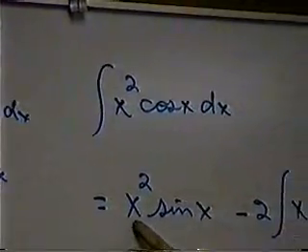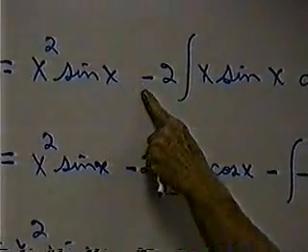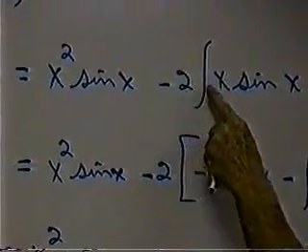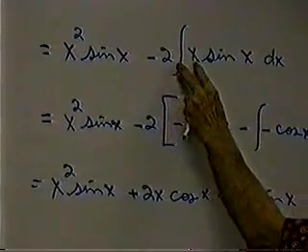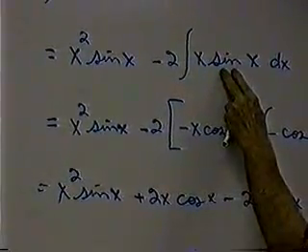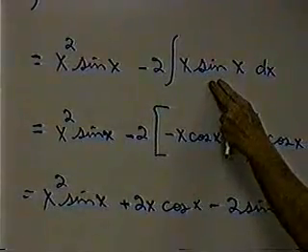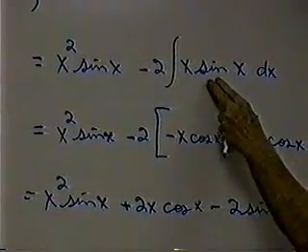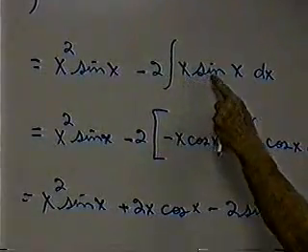So we place u, v, minus, I move the 2 out. It was 2x, but I move the 2 out here. Minus 2 times the integration of x dx times the sine. Well, what happens now in this type of problem is you have integration by parts again. We have to do it one more time. So let's look at this now. This is algebra and trig again.